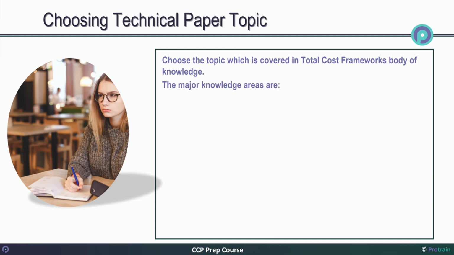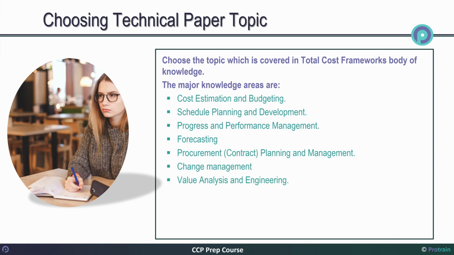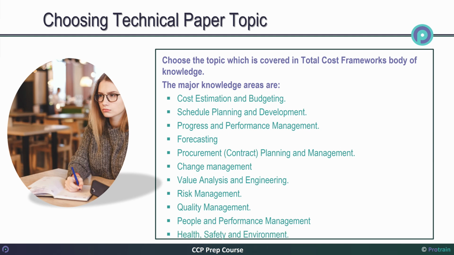Some of the major headers covered in the Total Cost Management Framework: cost estimation and budgeting, schedule planning and development, progress and performance management, forecasting, procurement, contract planning and management, change management, value analysis and engineering, risk management, quality management, people and performance management, health, safety, and environment.